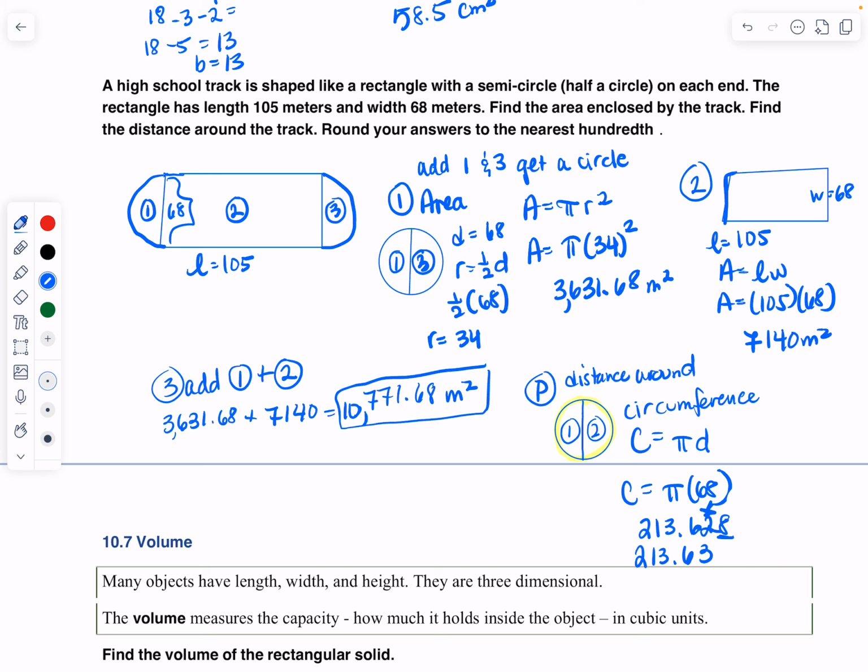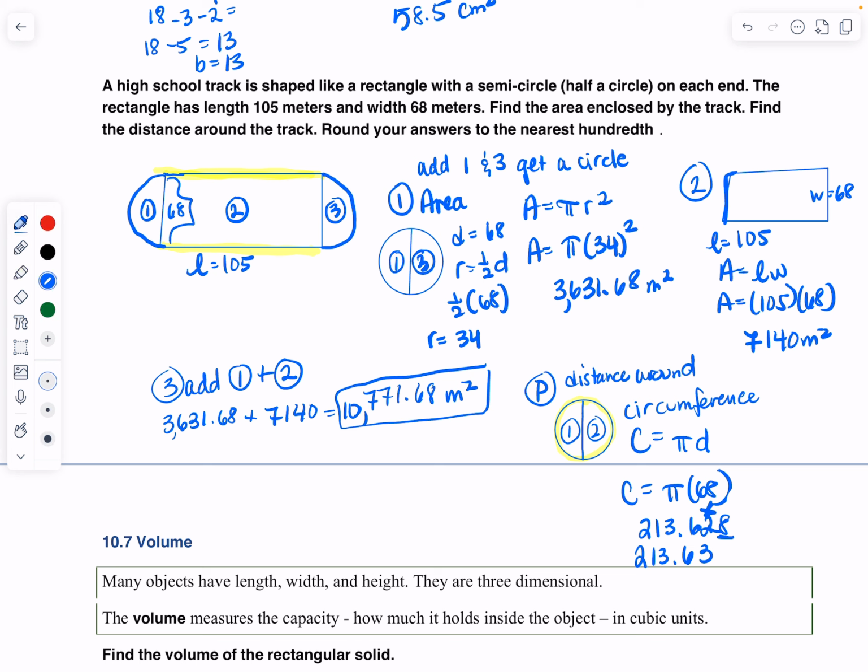Now I got to add these two sides to find the distance around. So I'm not finding the circumference of the entire rectangle, just these two sides. The sides, or the length, is 105 of that rectangle.